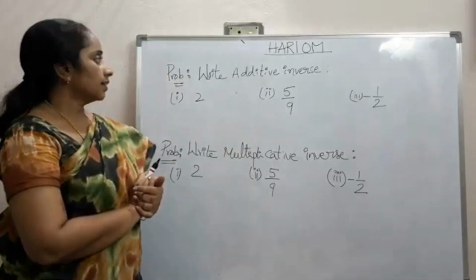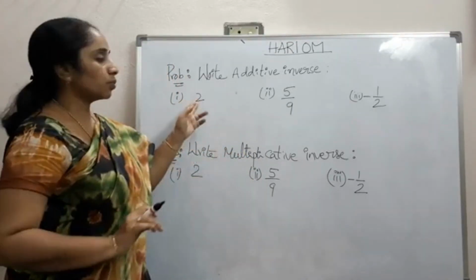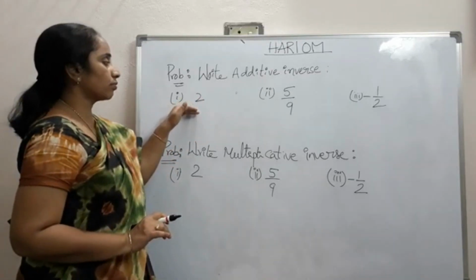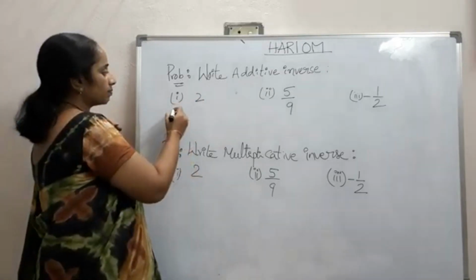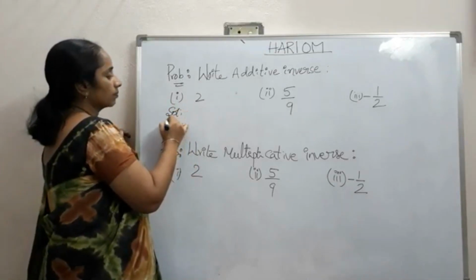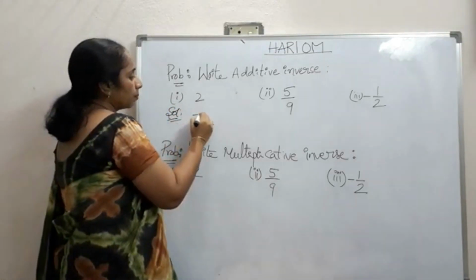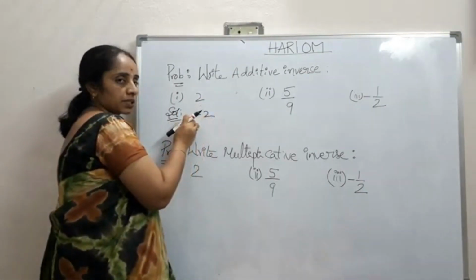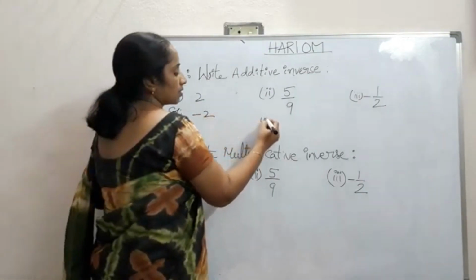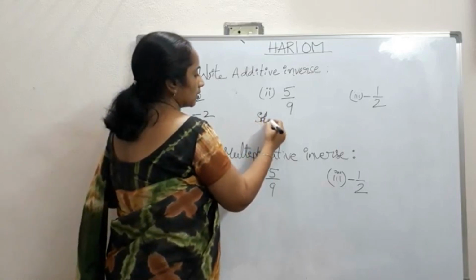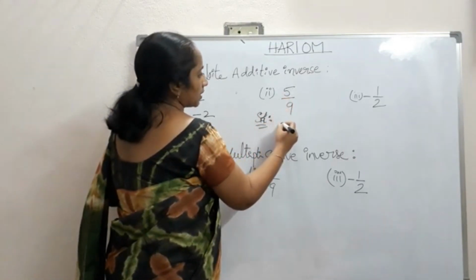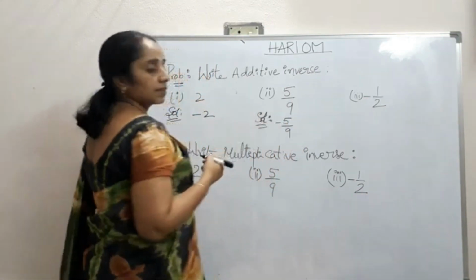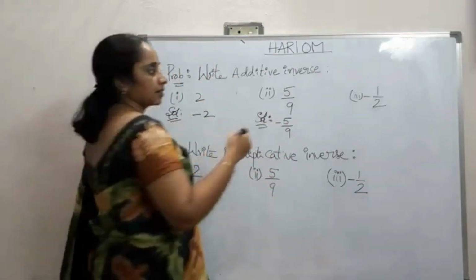Here see that in this additive inverse, the additive inverse of 2 is minus 2. Same number with opposite sign. Here also its additive inverse is the same number with opposite sign.